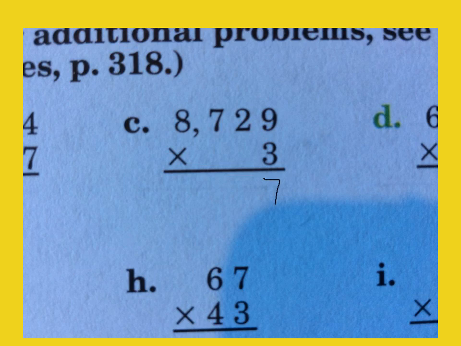3 times 2 is 6, plus 2 more would be 8. 3 times 7 is 21, so we put a 1 in and carry the 2. And 3 times 8 is 24, plus the 2 would be 26.